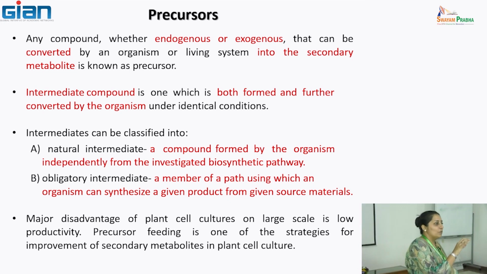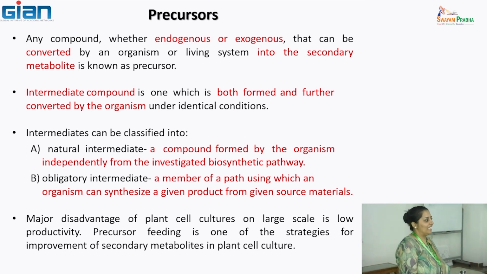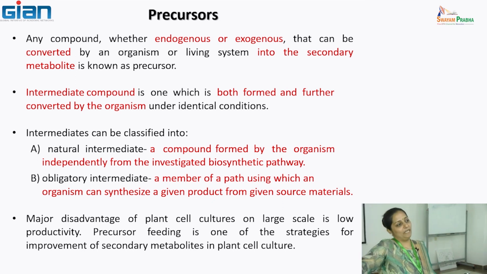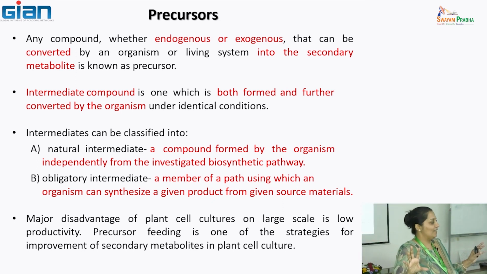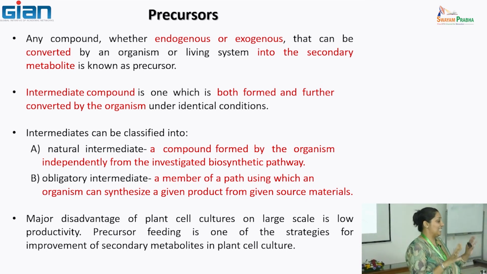So what all things am I assuming? First thing, exogenously it should be non-toxic. I don't care, it likes it inside, so it will be liking it outside as well. I'll add as much as possible and the cell will readily take it, very happily carry it to the compartment without it getting degraded or metabolized, and there it will get utilized in the final reaction, and I'll see a good jump in my product yield.